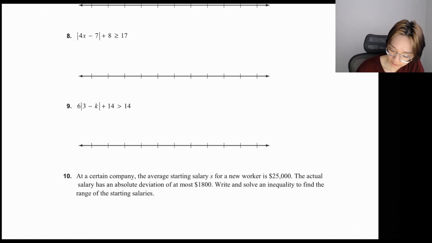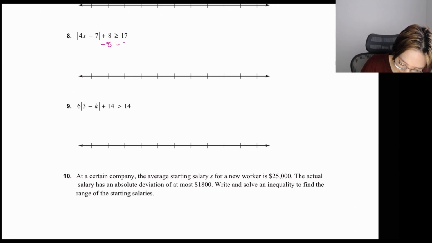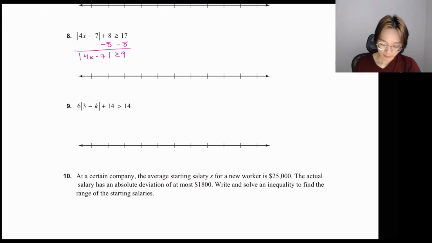Last two, final stretch. Let's isolate the absolute value first and then figure out if it's and or. So the sign didn't change. 4x minus 7, absolute value of that is greater than the other side.